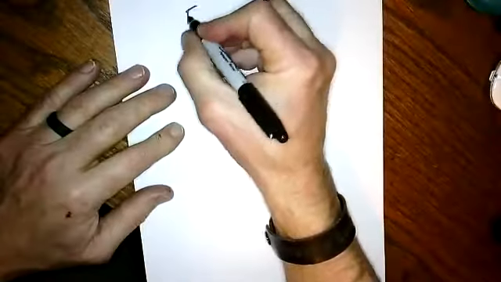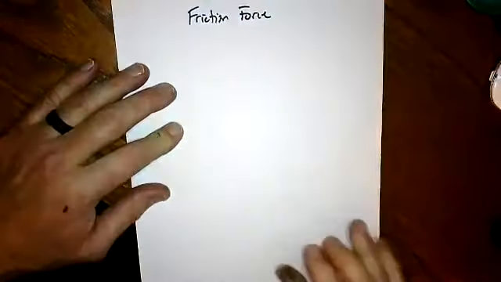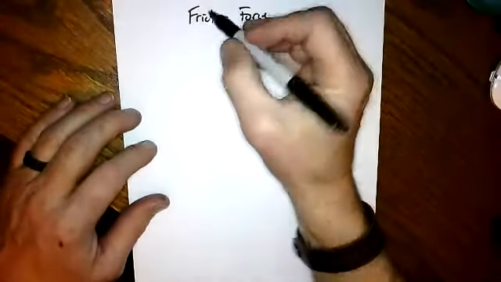Okay, so let's talk about what happened, and what we're dealing with is friction force. And what I am going to tell you is this is just a special name for force. Sometimes we have names for forces to be able to refer to them quicker and more specifically.